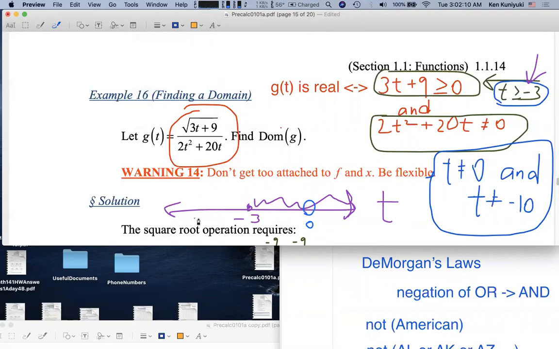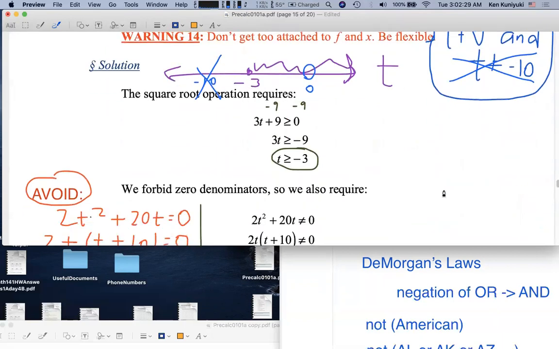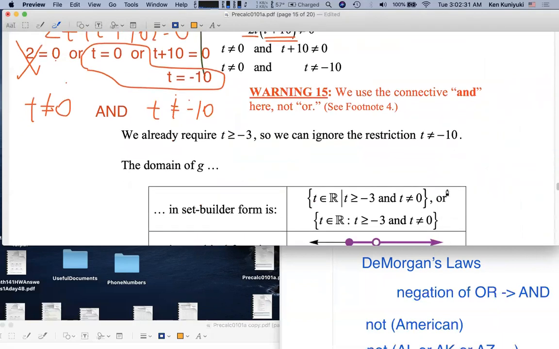So -10 was dead meat anyway, because -10 is not greater than or equal to -3. So this is really superfluous. It's redundant. We don't need this if we already have that. So really, we just need these two conditions.